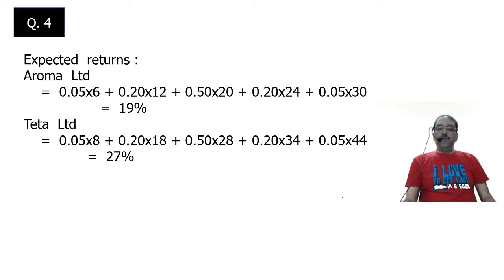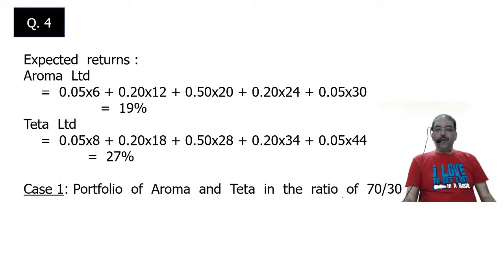Let us now come to case 1. The portfolio we are forming is of two securities, Aroma and Theta, in the ratio of 70:30, 70% of Aroma, 30% of Theta. How do you calculate returns of a portfolio? Weights into returns.